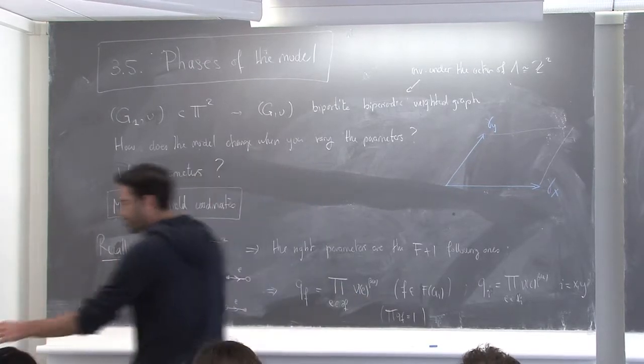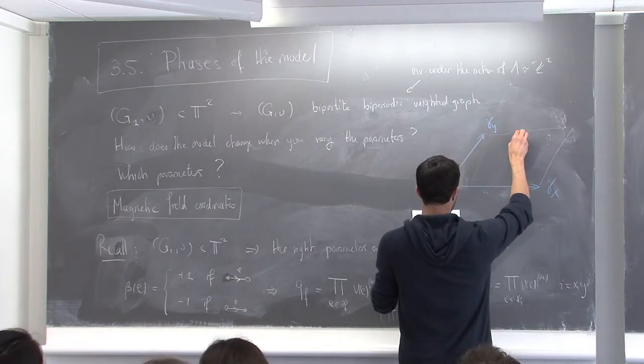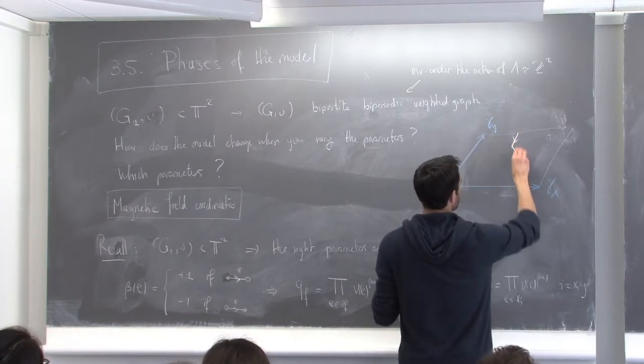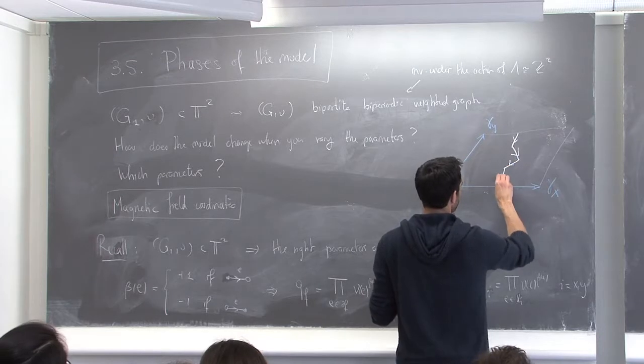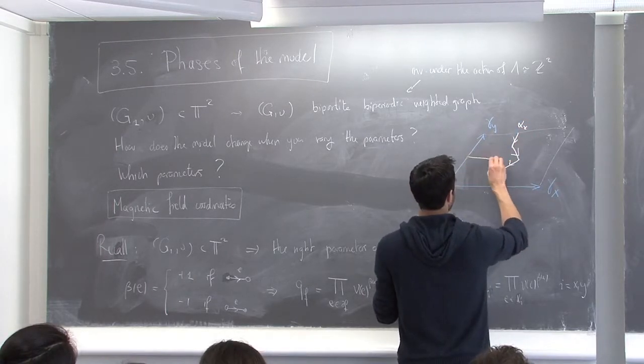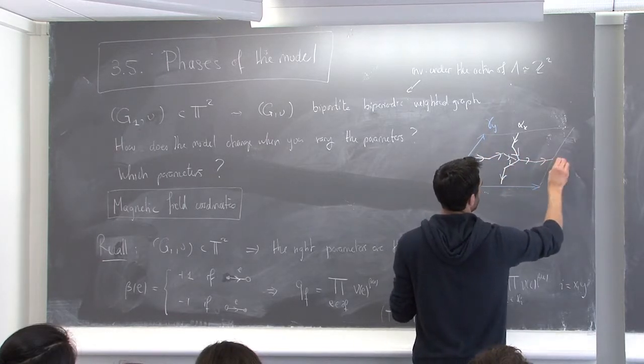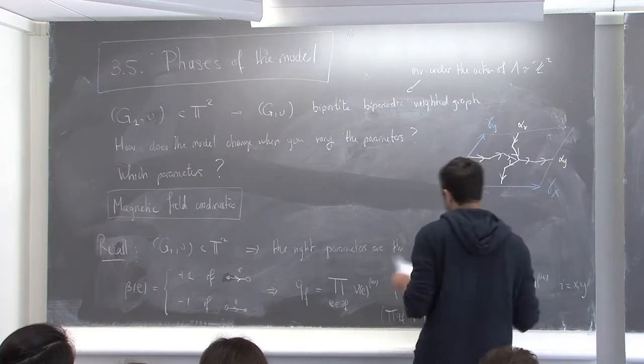And for all the signs to work fine, I want to put them in the following way. I want alpha x to be like this, and alpha y like this.